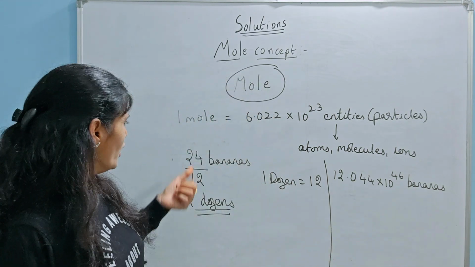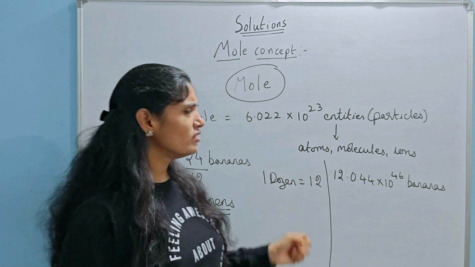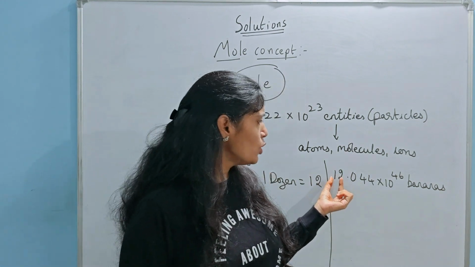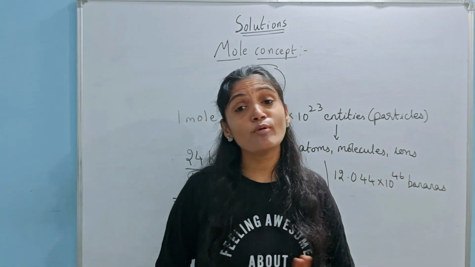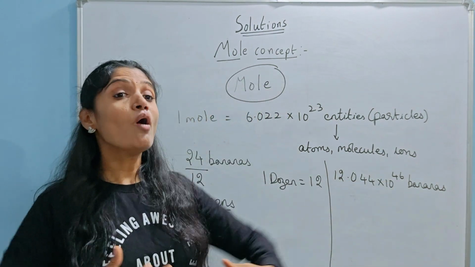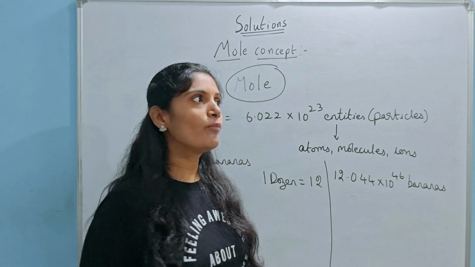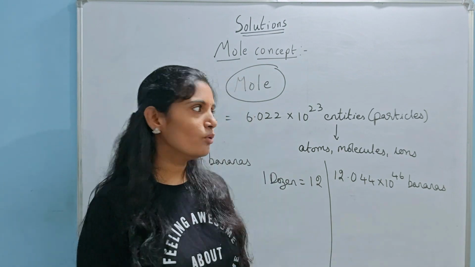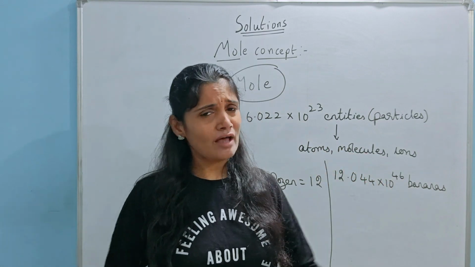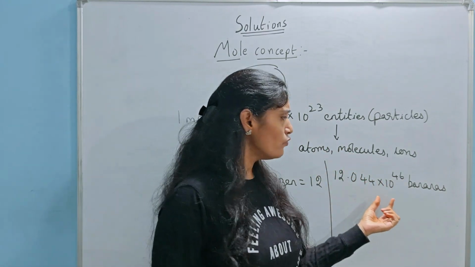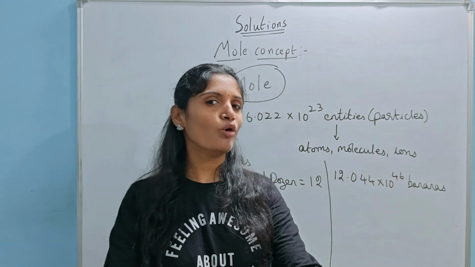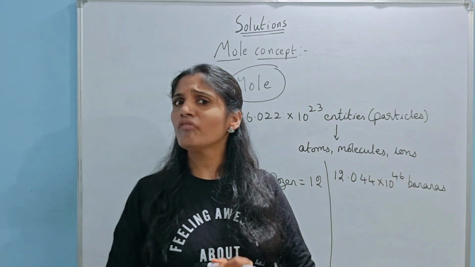For 24, converting into dozens was fine, but now I want to talk about bananas in terms of moles. So 12.044 × 10^46 bananas refers to how many moles?